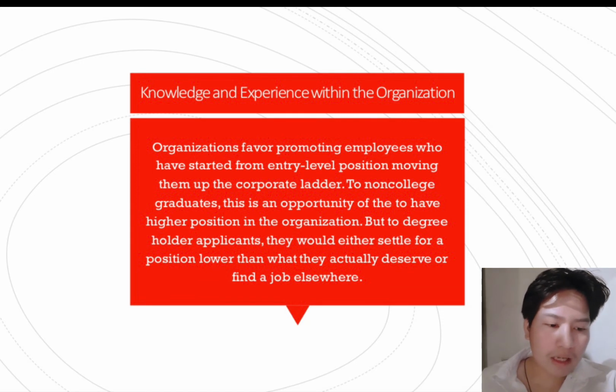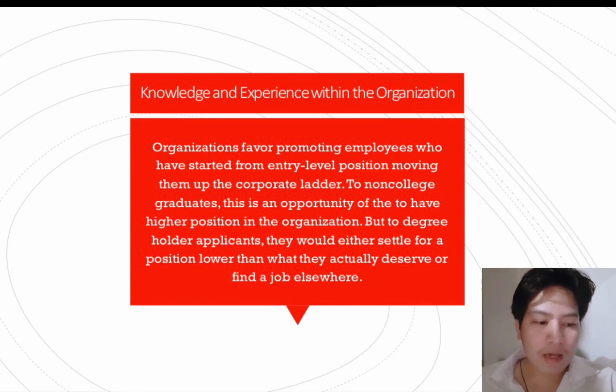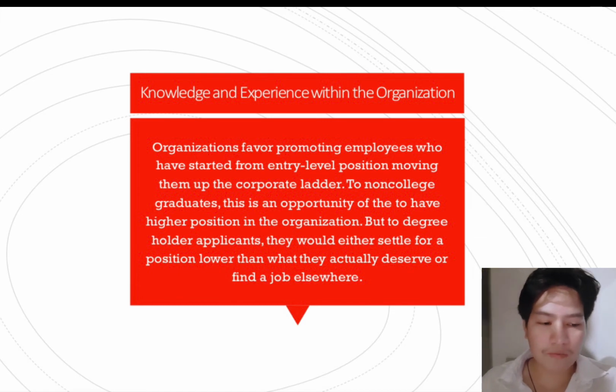To non-college graduates, this is an opportunity for them to have a higher position in the organization. But to degree holder applicants, they would either settle for a position lower than what they actually deserve or find a job elsewhere.